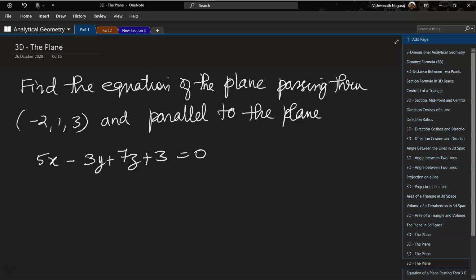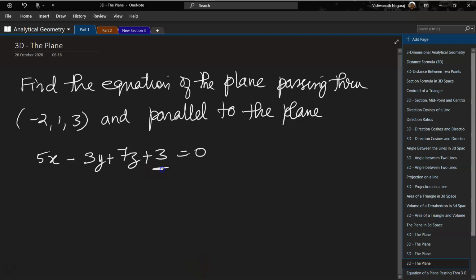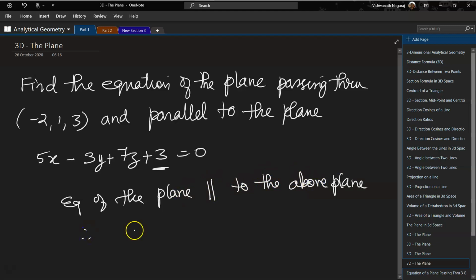Now, if it is a parallel plane, that means the only difference would be in the constant. So the equation of the plane parallel to the above plane would be 5x minus 3y plus 7z plus, let's say, k equal to 0.